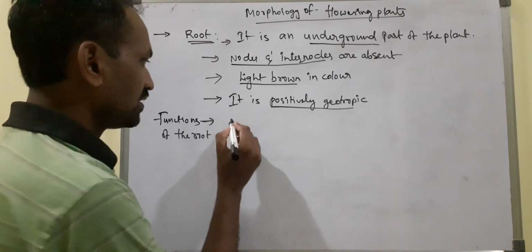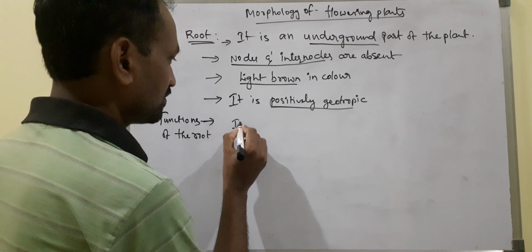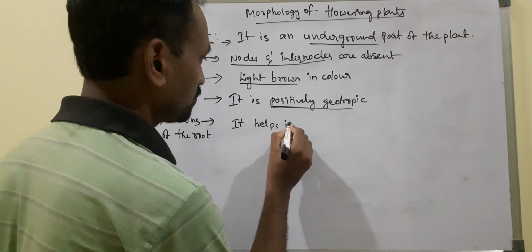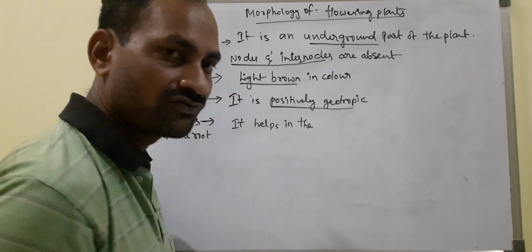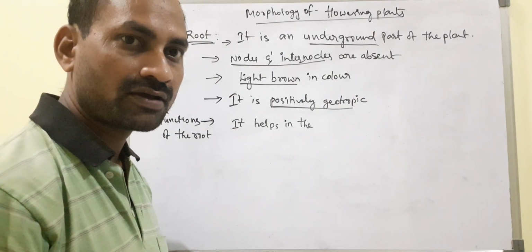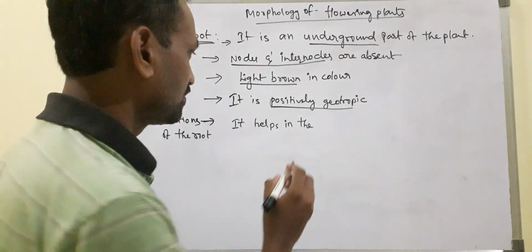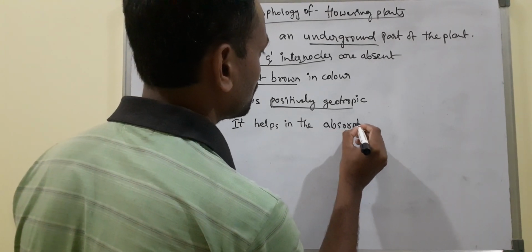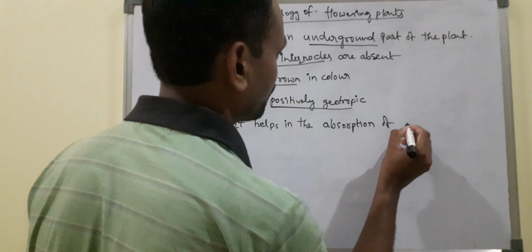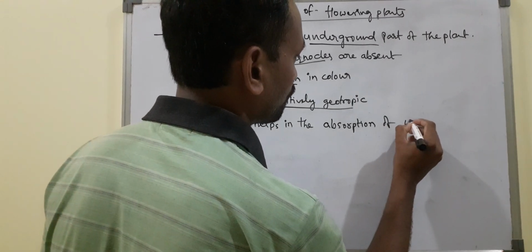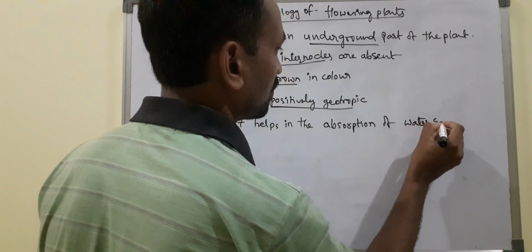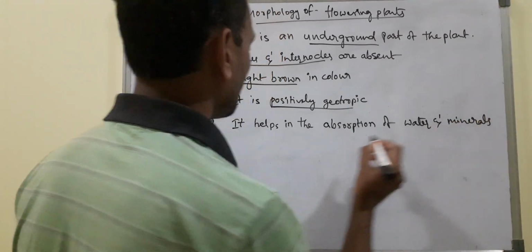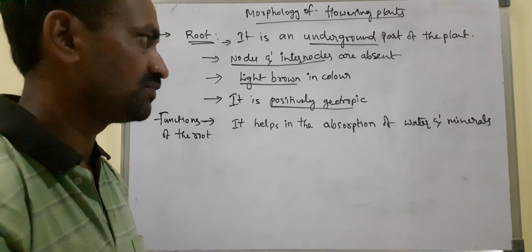First one is root helps in the absorption of water and minerals from the soil. Absorption of water and minerals.